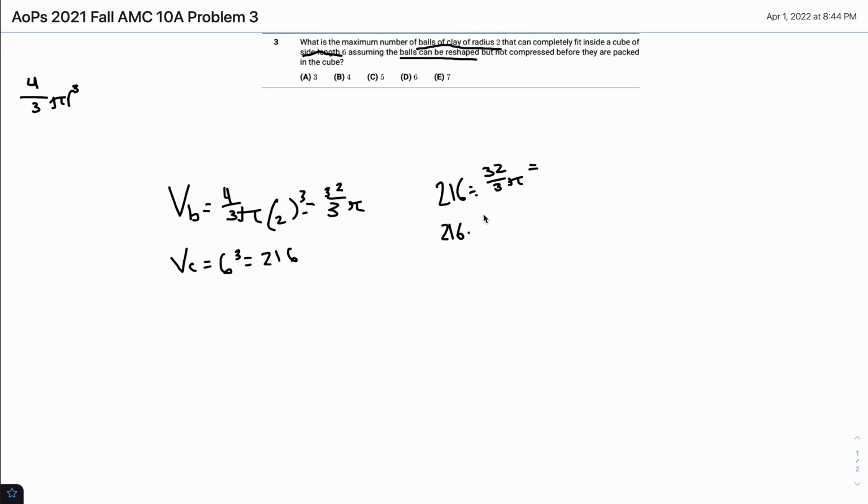216 times 3 over 32 pi. 216 times 3 is 648 over 32 pi, which is, hold on, did I do something wrong here?